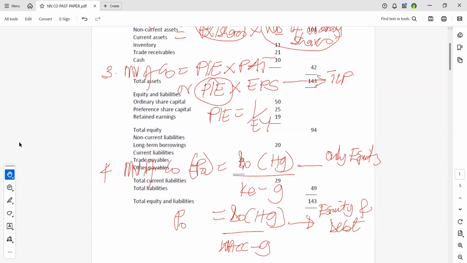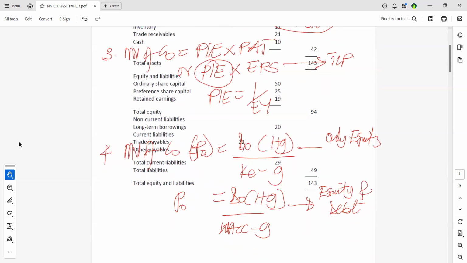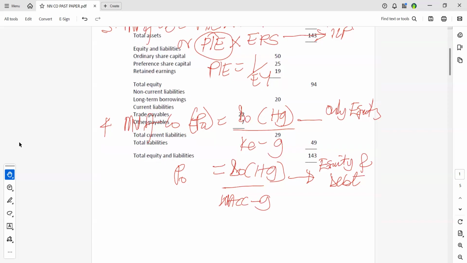I wanted to know what that is. So in that context, we don't add plus growth again. Let me just explain what you mean. You are rather talking about calculating Ke.